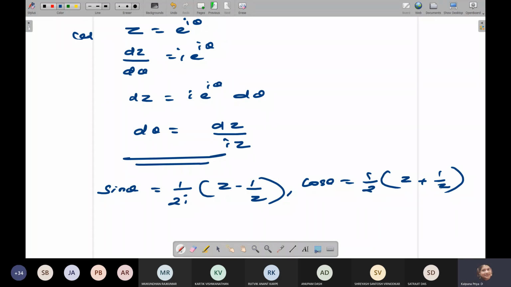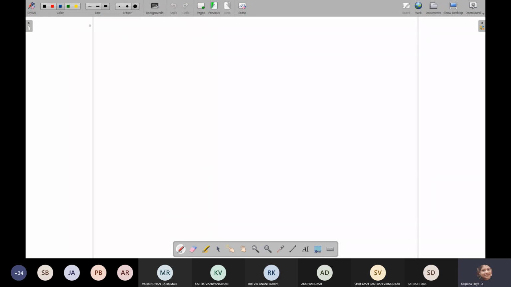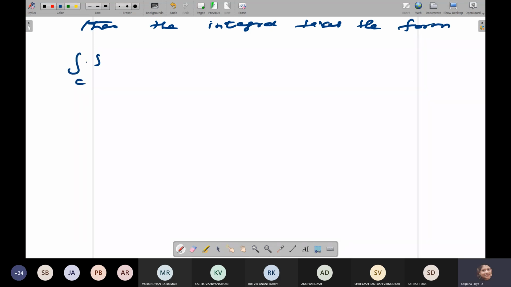After converting to z, the integral takes the form integral over C of f of z dz.